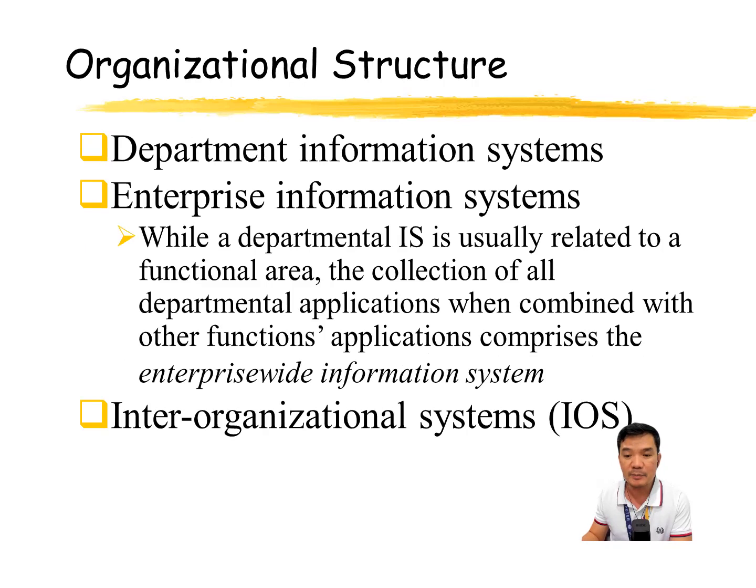It can be a department information system if it belongs to a department. Enterprise information system, if the information system is designed to support the entire organization, and inter-organizational systems if it supports one or two organizations. So meaning this information system can go beyond the organization. So there are technologies that will support the connection between the two organizations.